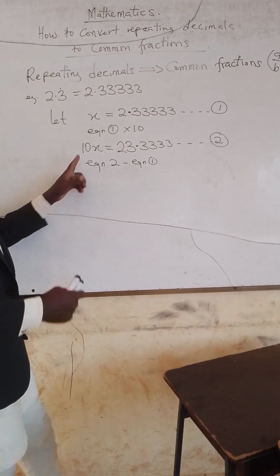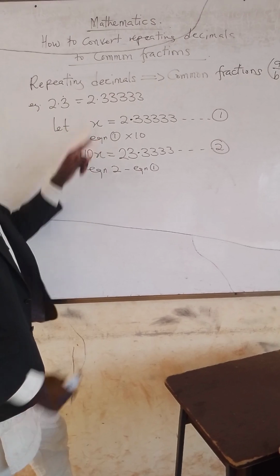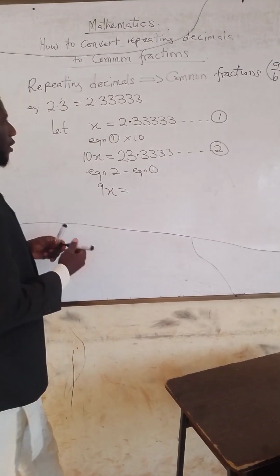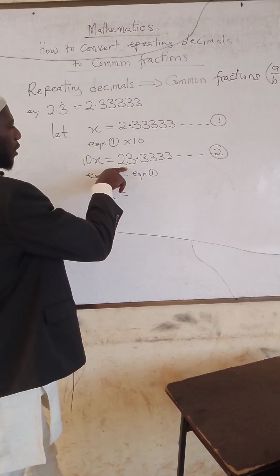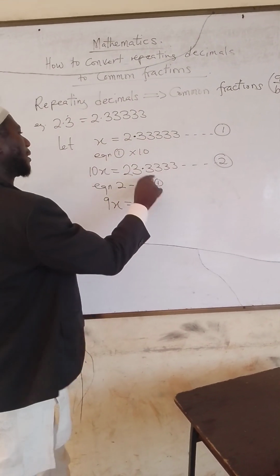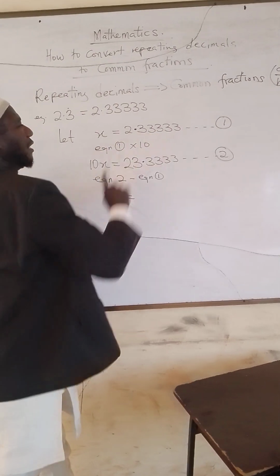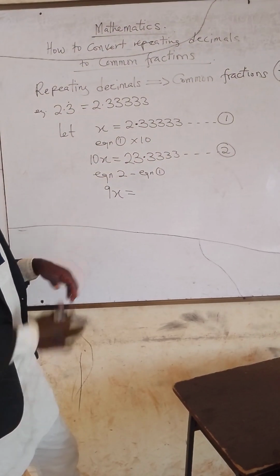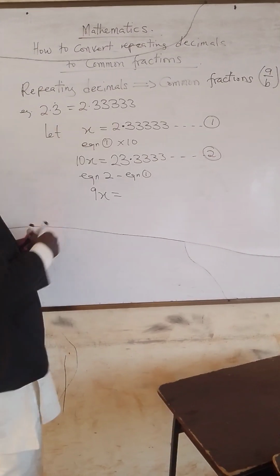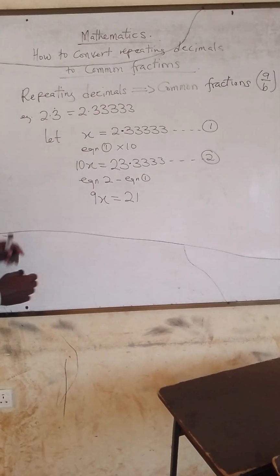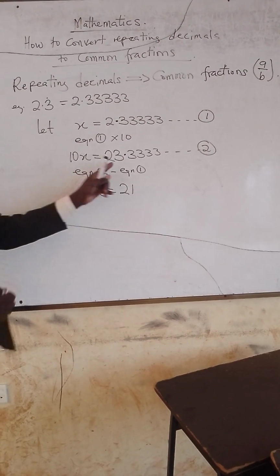From equation 2, we have 10x minus x, which is 9x, which is the same as 23.3333 minus 2.333. The 0.333 in equations 1 and 2 will subtract each other and tend to 0, leaving 23 minus 2 alone, which is 21. 23 minus 2 is 21.